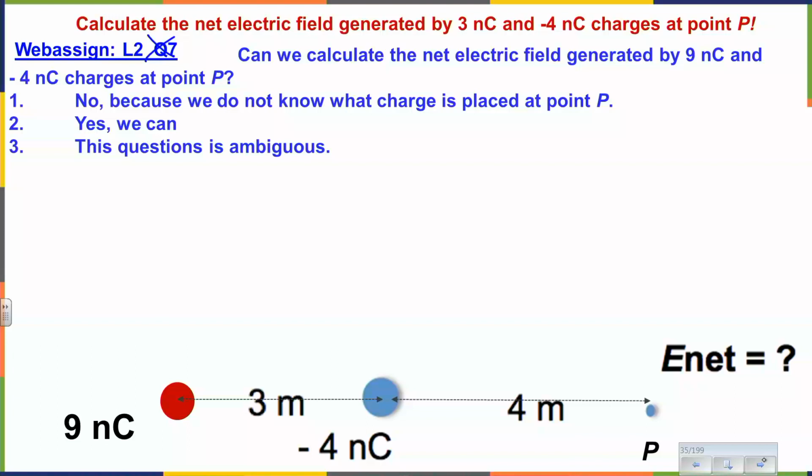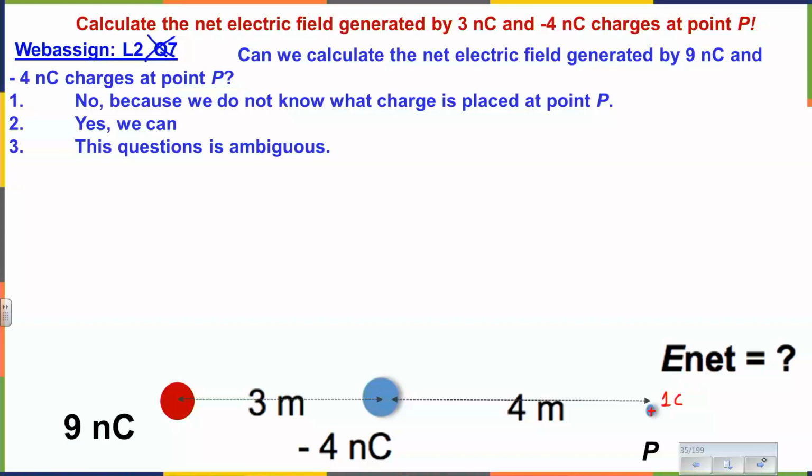The charge on the left, the positive one, generates electric field at the point P. And the charge in the middle also generates electric field at the point P. Well, we can always imagine that right here we have a positive 1 coulomb charge and just calculate the net force acting on it.